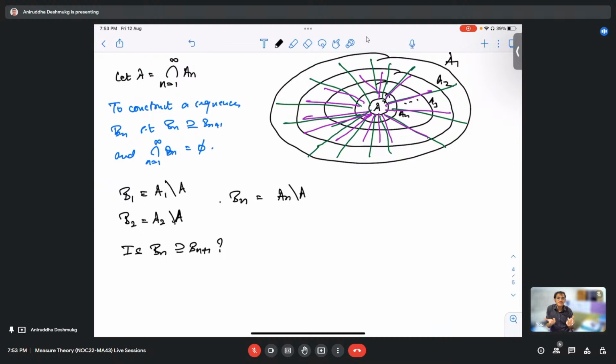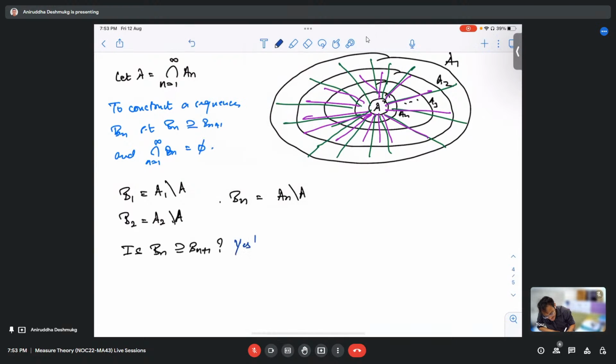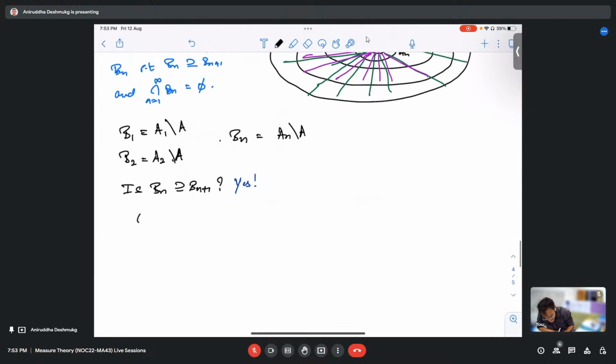Because An itself is a decreasing sequence, and we are basically removing the same set every time, it still remains a decreasing sequence. So this is yes. Now, what is the intersection of the Bn's? Can you tell me what it is?